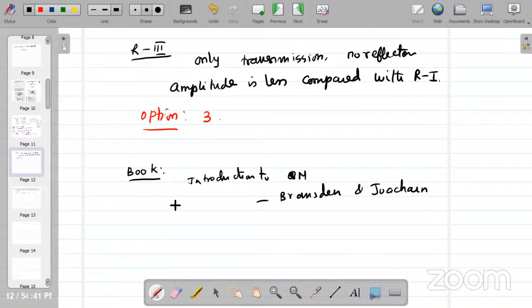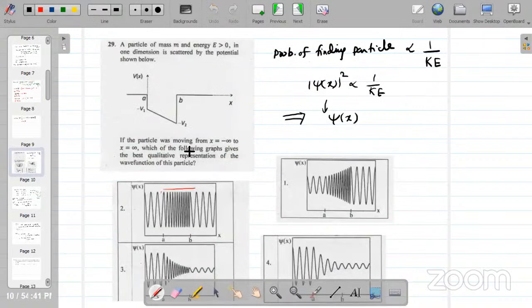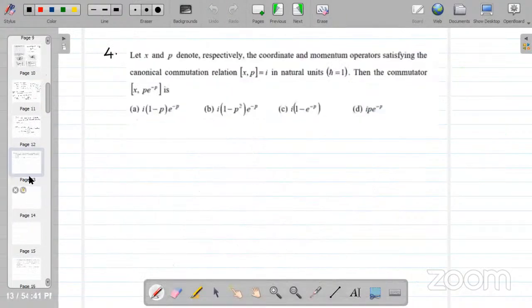This is one book. The second one is Quantum Physics. Both show how the curvature of the wave function changes when you go from one region to another. I think this problem is straight away taken from AP French. If I remember correctly, there is an exercise problem like this. So we can refer to those books to understand further.